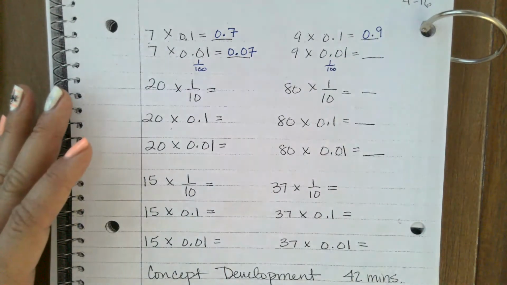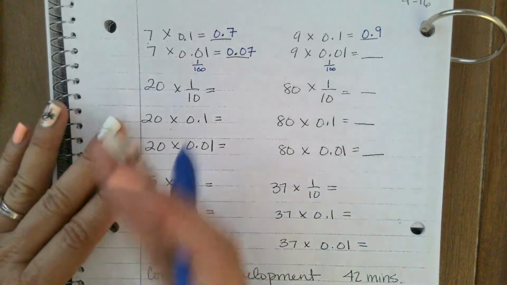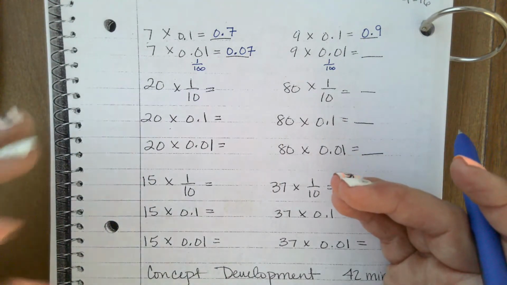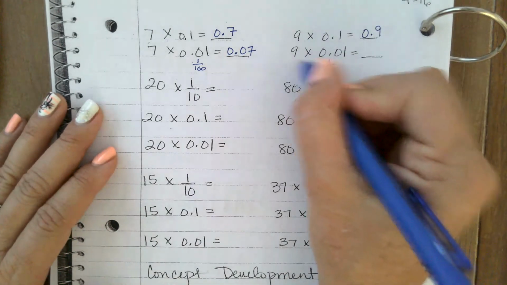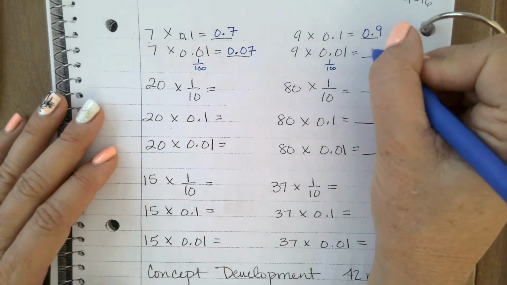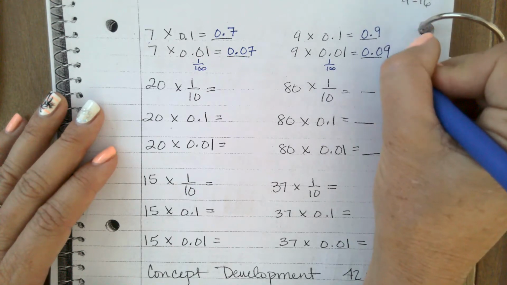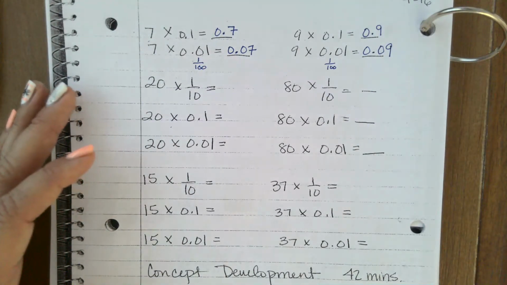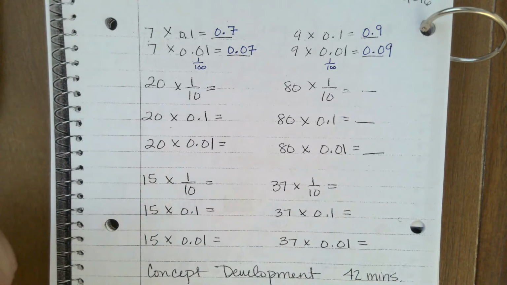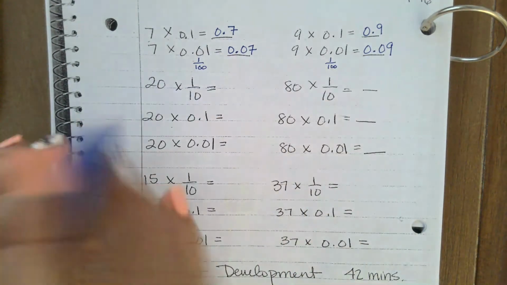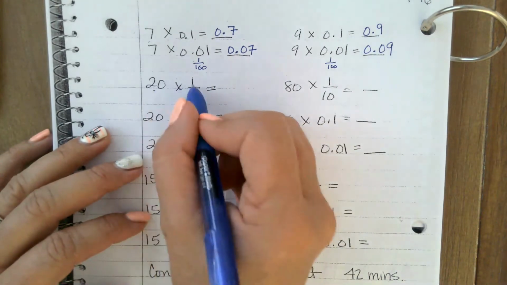Again, and if you had 9 of those and added them up, because remember, multiplication is repeated addition, right? You would have 9 hundredths, 0.09. All right, if this is the preview for what's coming, I think this is going to work out just fine, don't you think?